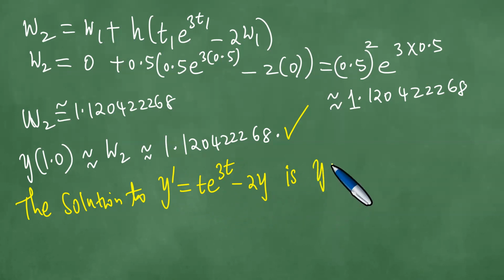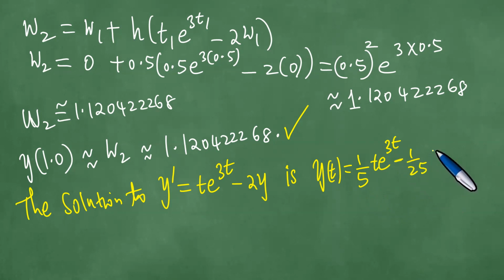So it is y at t equals 1/5 t e to the 3t minus 1/25 e to the 3t plus 1 over 25 e to the minus 2t.